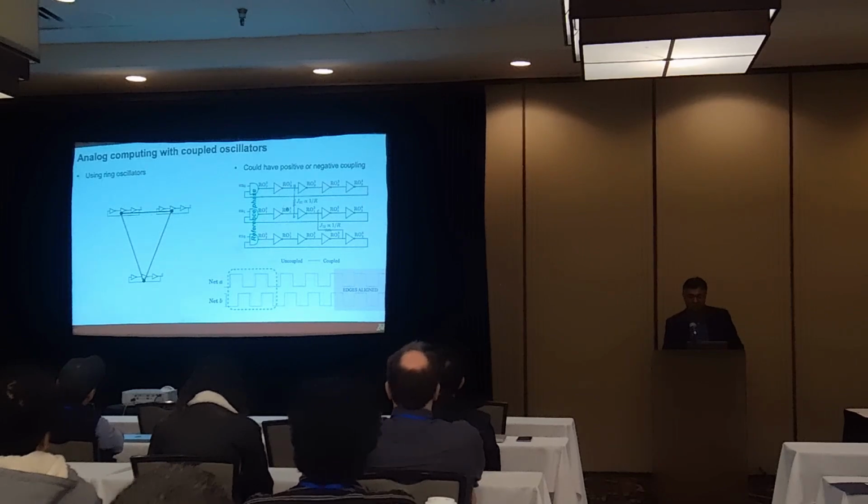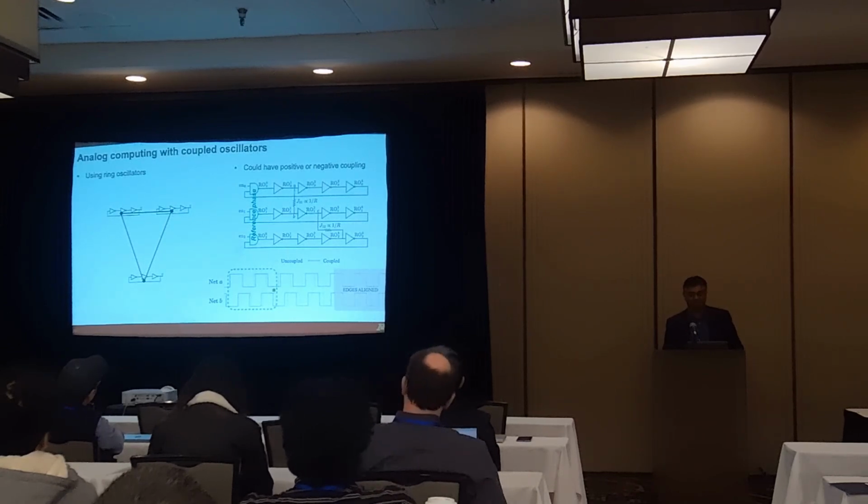How does this work? Let's look at net A and net B as shown here. The dotted lines, which you can barely see here, are the clock waveforms if you didn't have any coupling. Now let's say at time 0, you insert this coupling over here. What's going to happen? At this point, A is trying to rise, but B is low.